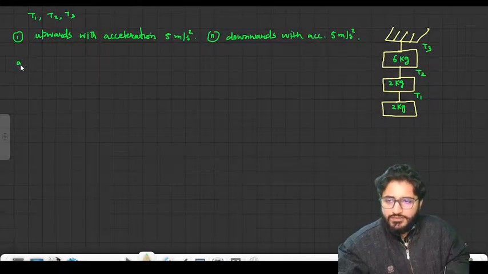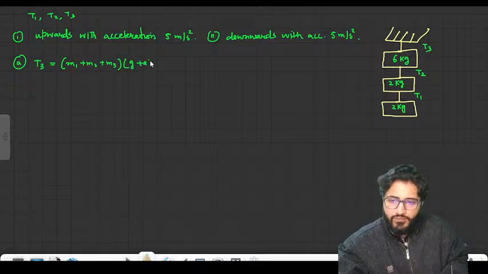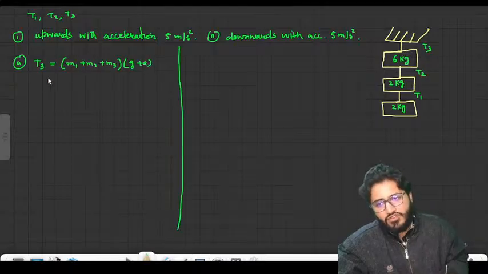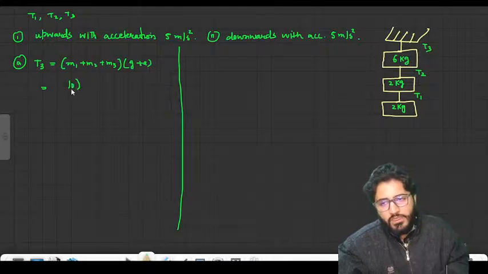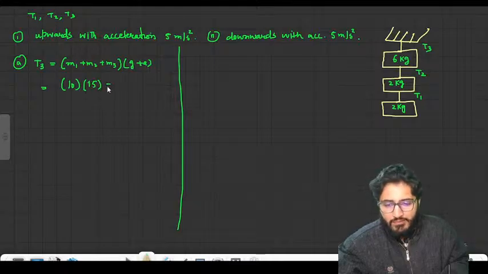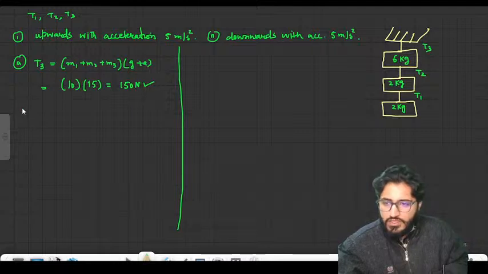First case. What is T3? T3 will be mass below, that means (M1 plus M2 plus M3) into (g plus a). It is 6 plus 2 plus 2, it is 10. g plus a will be 15. My answer came out to be 150 Newton. First case.